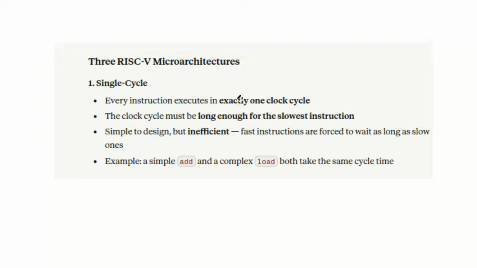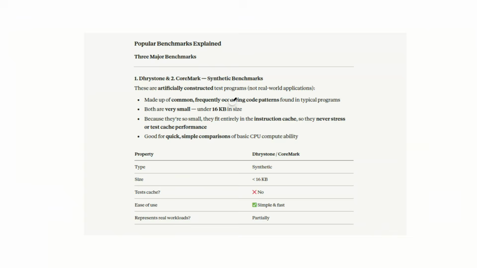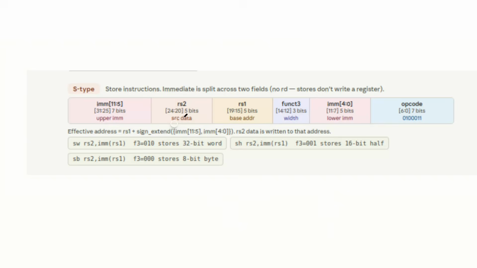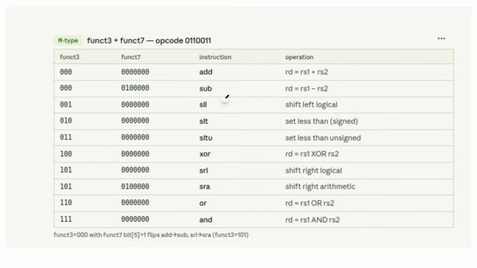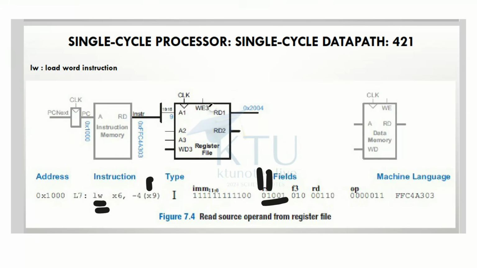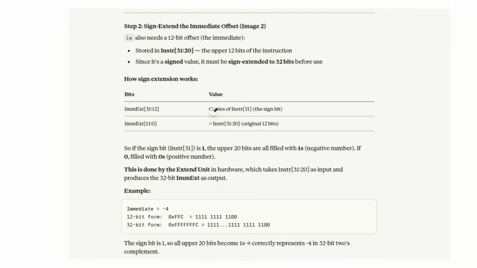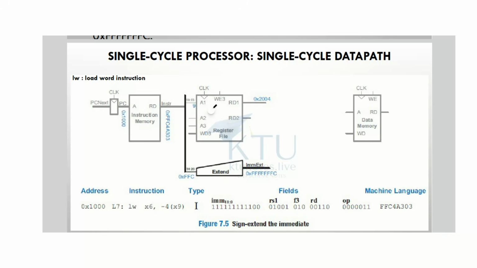That means first I am giving the address of register RS1 through A1. I want to read the value in A1.